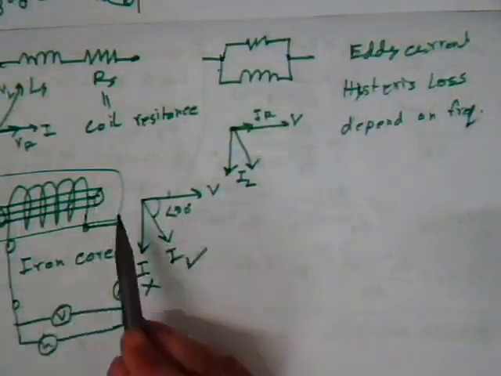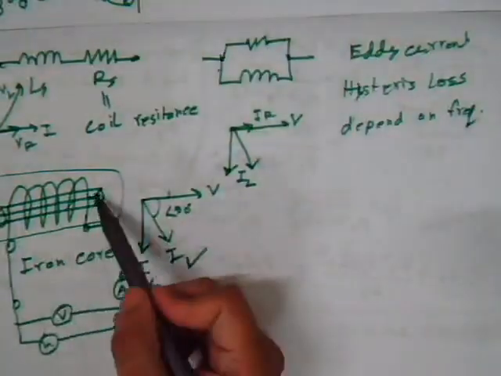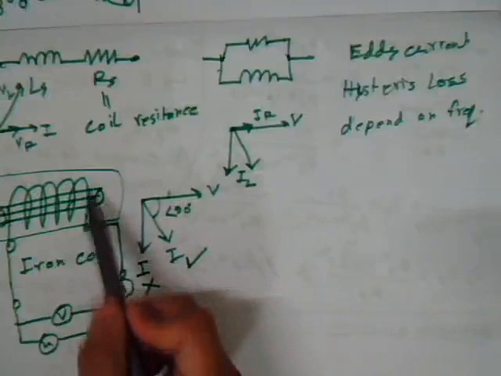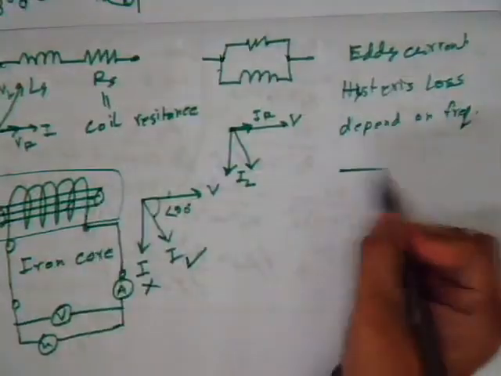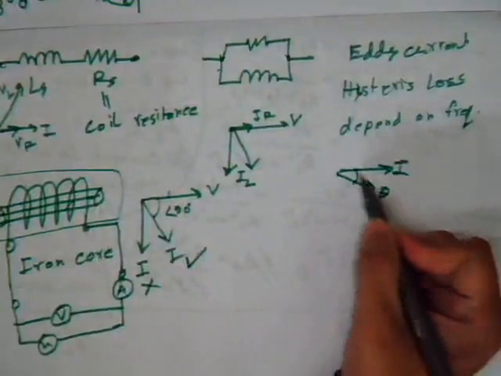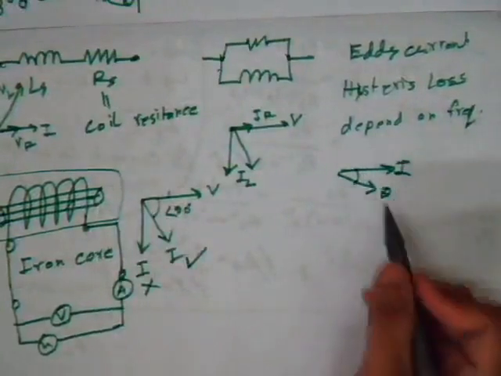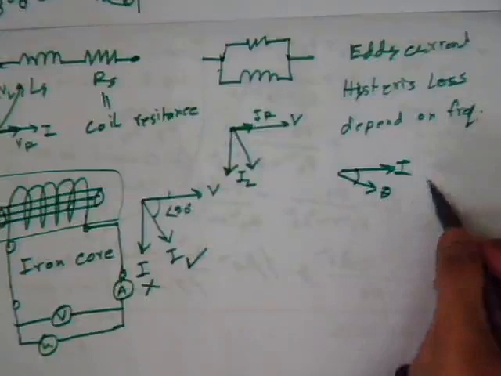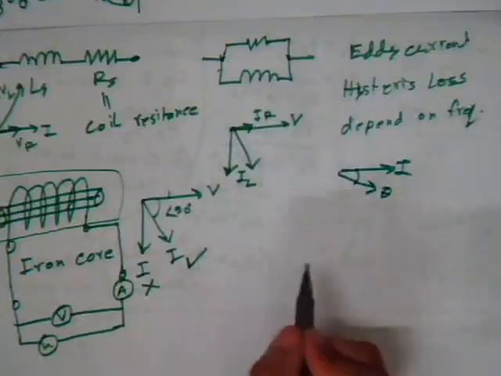Similarly, when frequency increases, the lag of flux from the current also increases. If this is current, if this is flux, this angle, the lag of flux from the current, increases as the frequency increases.